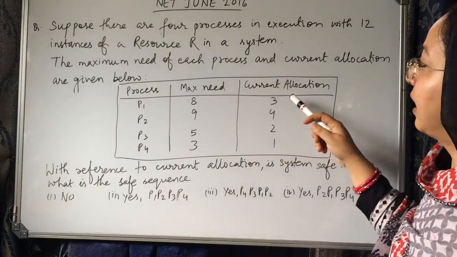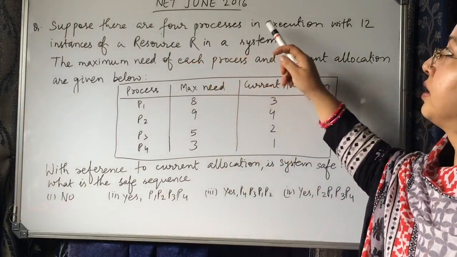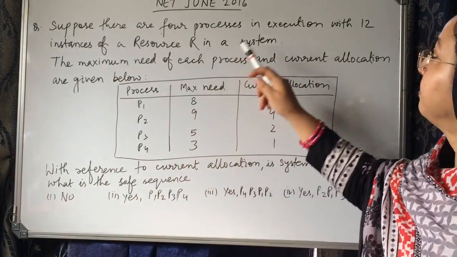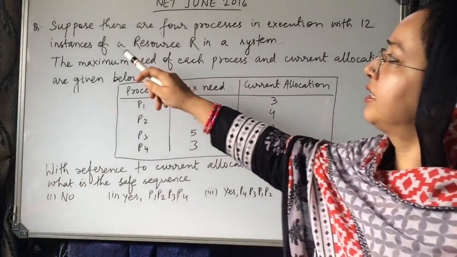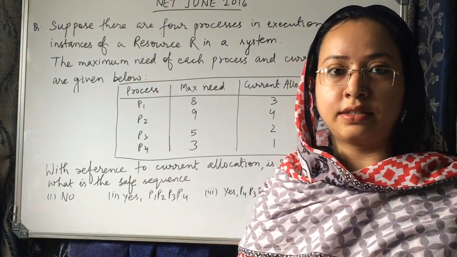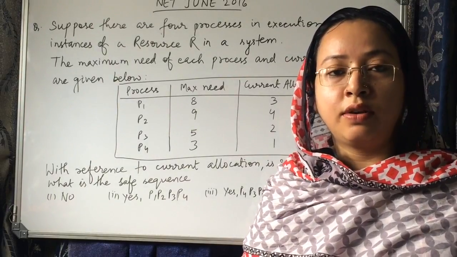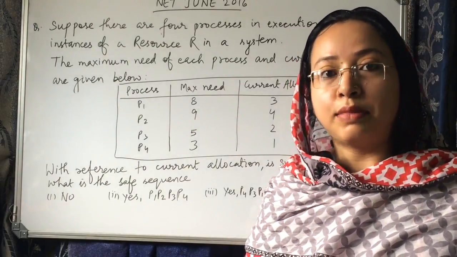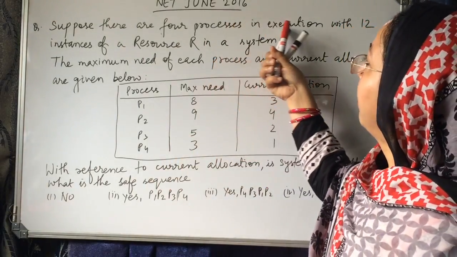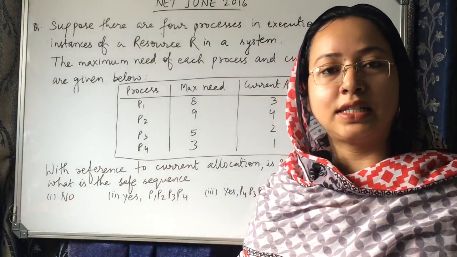Resource R has 12 instances. There are 2 types of resources: one is single instance and the other is multi-instance. Here it says there are 12 instances of the resource, so it is a multi-instance resource.